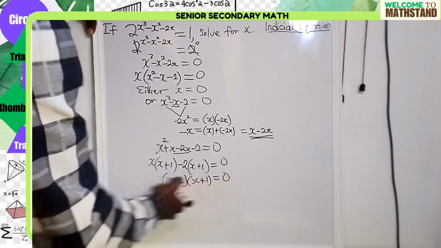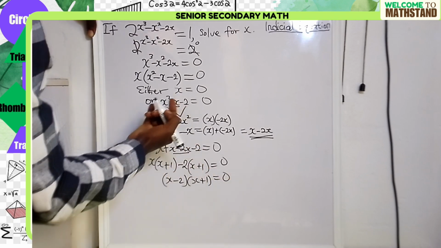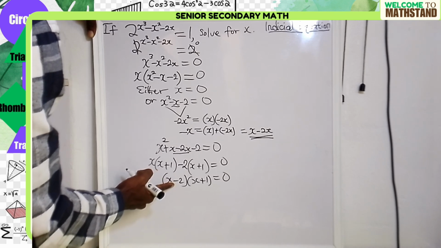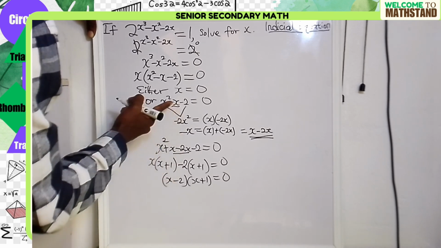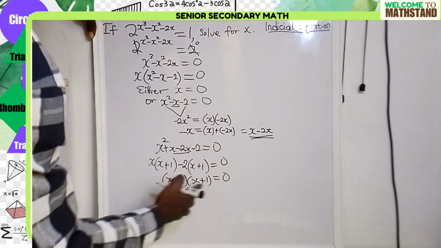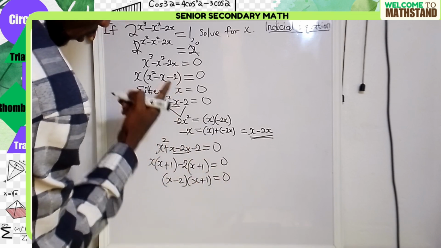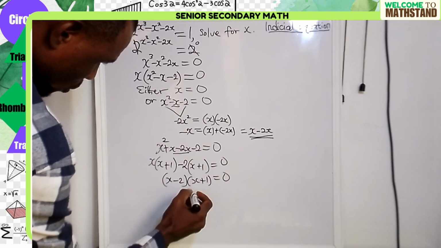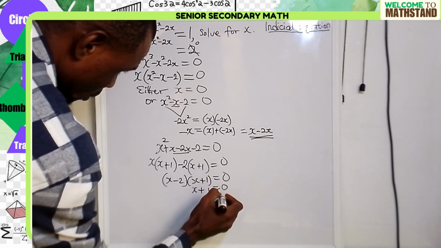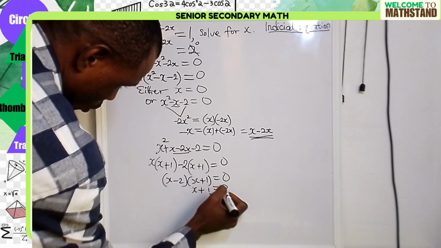So from here, to be sure whether this is correct, we look for the value of x such that when we put that value, it will make this very equation equal to 0. So either this is equal to 0 or this is equal to 0. So from here we can take x plus 1 is equal to 0. So x will be equal to minus 1, subtracting 1 from both sides.